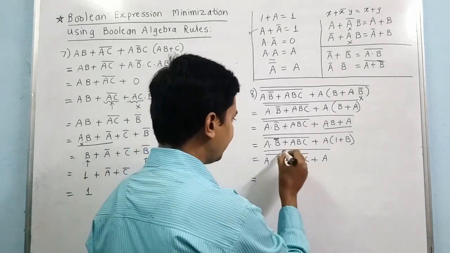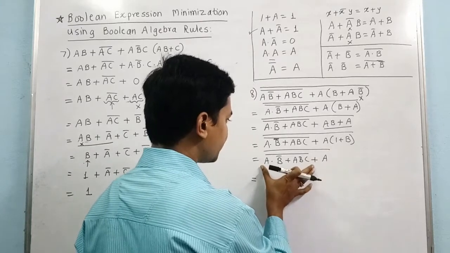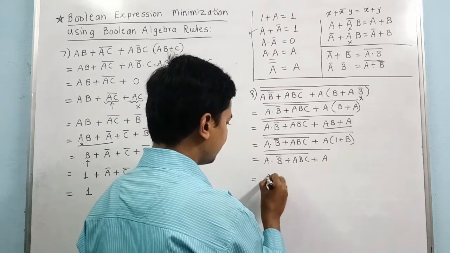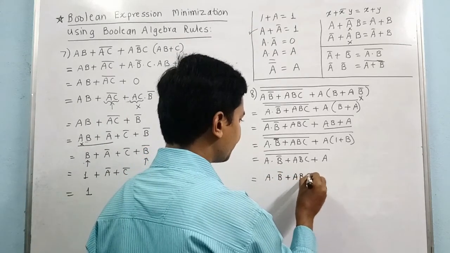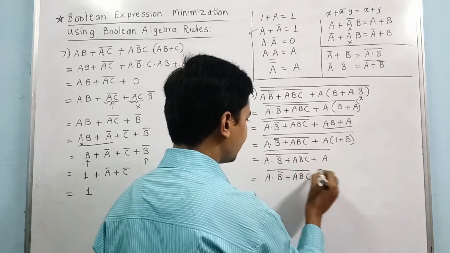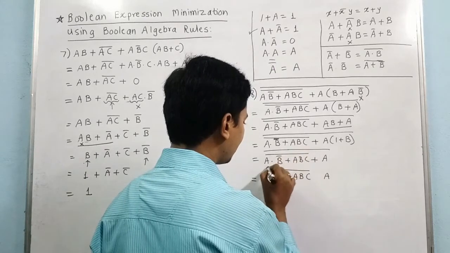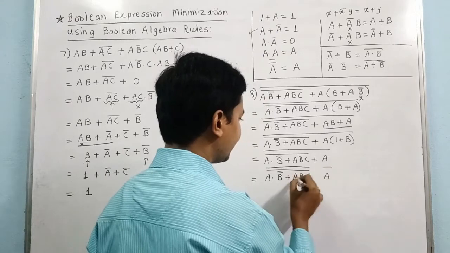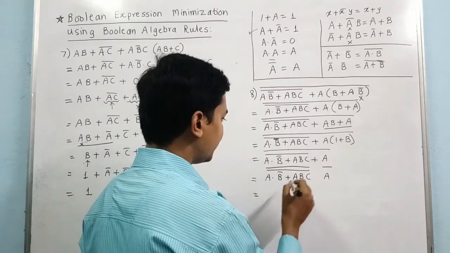So here I will divide this uppermost bar to the first two terms and the third term as a dot b bar plus abc and a. So these are the terms. So here I will divide the outermost bar to the first and second term and the third term.